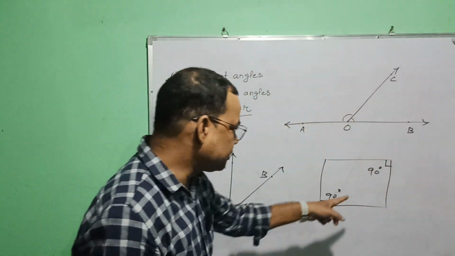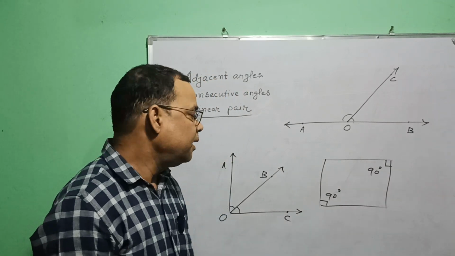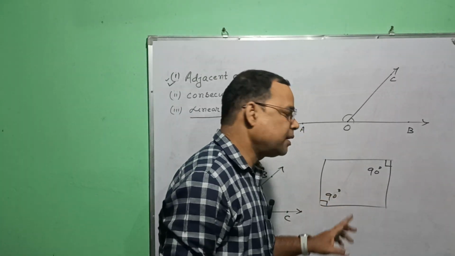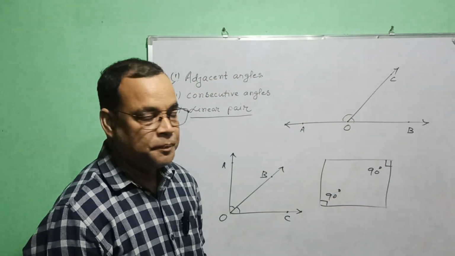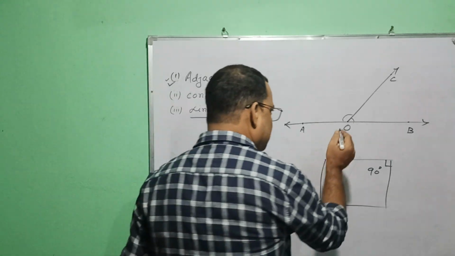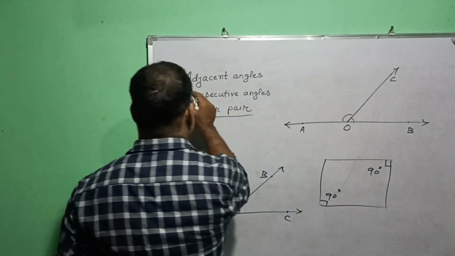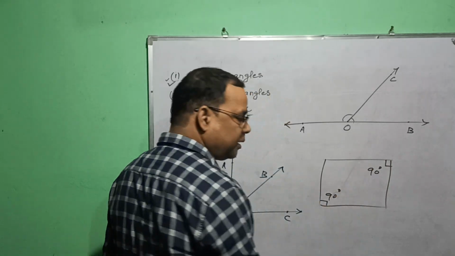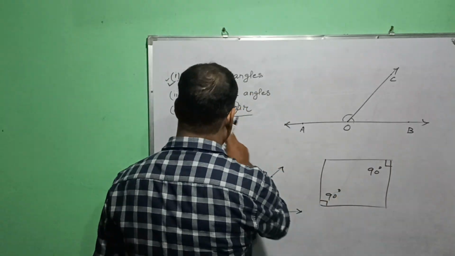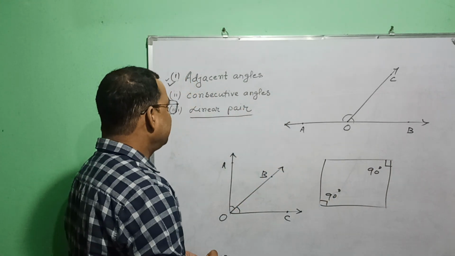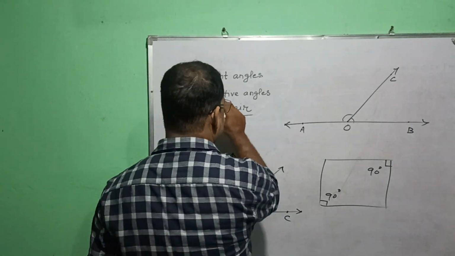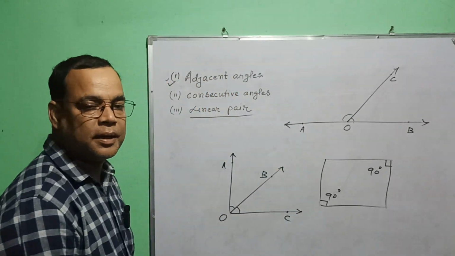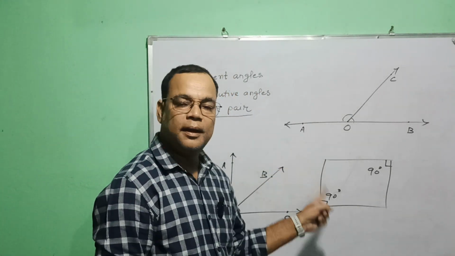The sum of these two angles also gives us 180 degrees, but these two angles are not a linear pair. So you can understand that for a linear pair, the angles must be adjacent. It is not possible if they are opposite or if they are consecutive. For a linear pair, the two angles must be adjacent and the sum of these two angles must be 180 degrees.